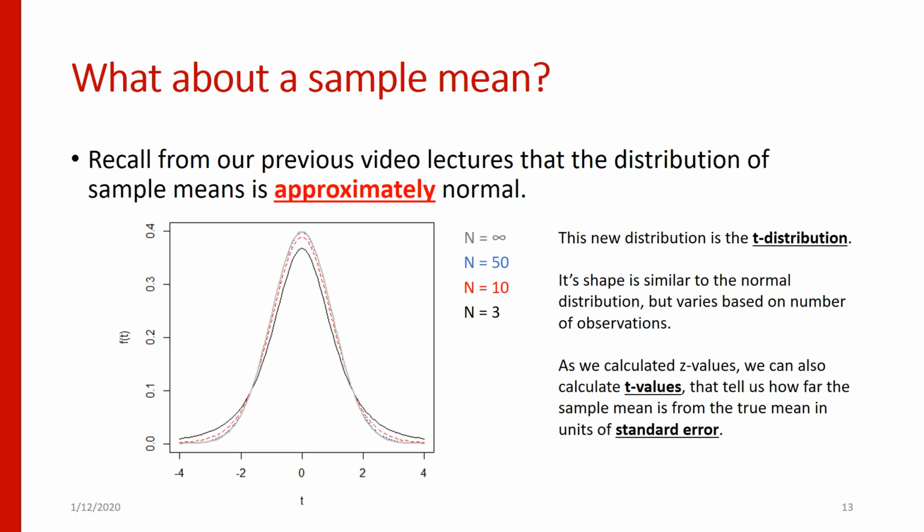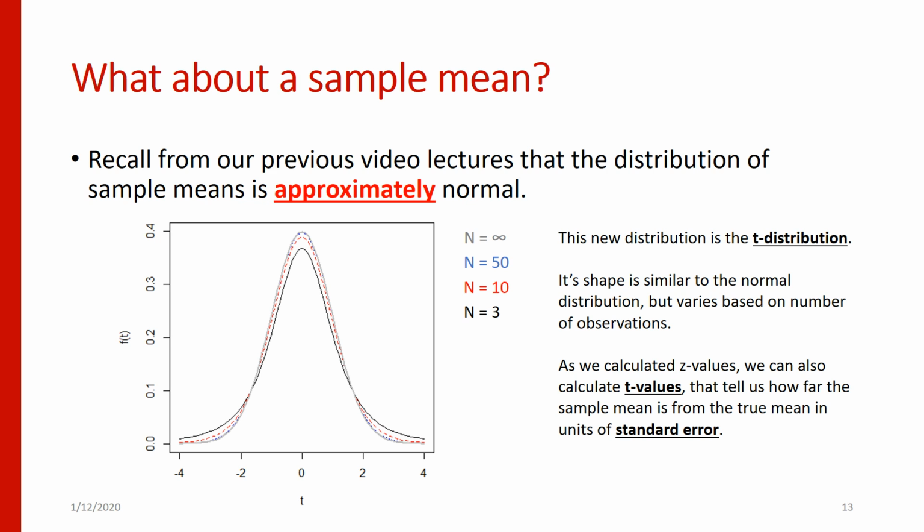And we can use the t-distribution in much the same way, right? So as we calculated z-values before to find the probability of a particular event, we can calculate t-values that will tell us how far a sample mean is away from the true mean in units of standard error, right? So now, again, we're talking about not individual data points, but about sample means.